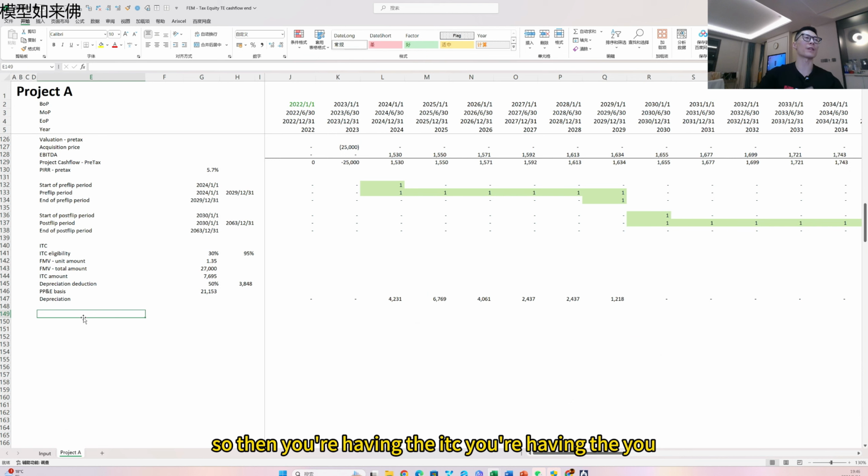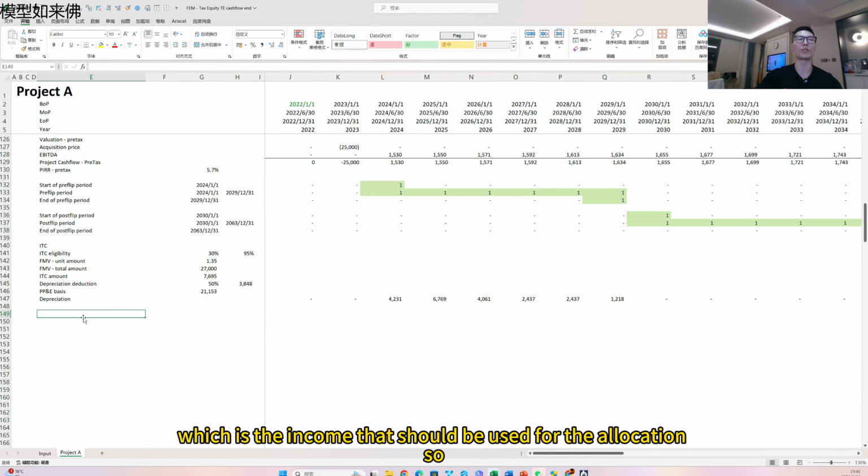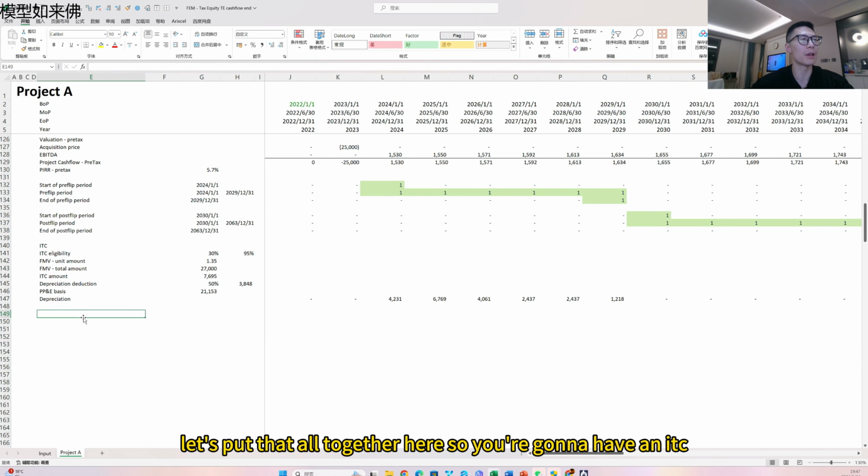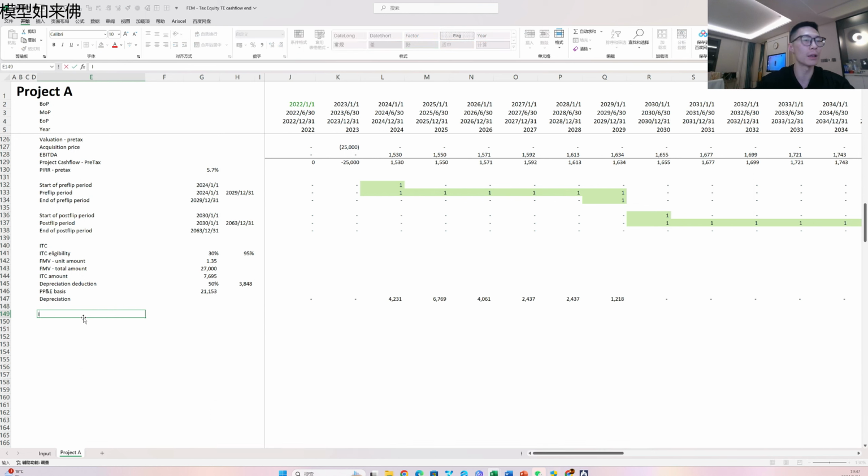So then you have the ITC, you have the depreciation, you have the EBITDA. It means that you should have the earnings before tax, or taxable income, which is the income that shall be used for the allocation. So let's put that all together here. You're gonna have ITC.